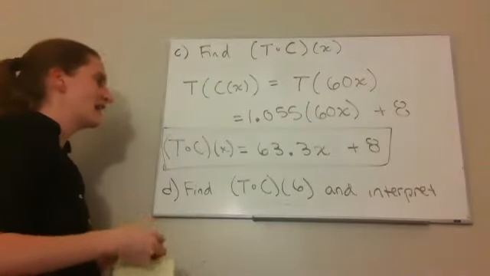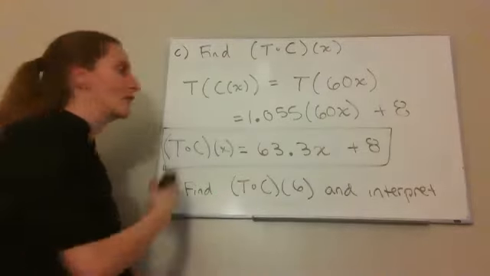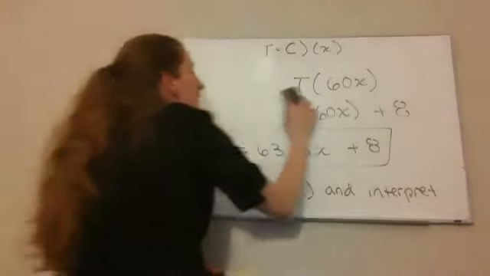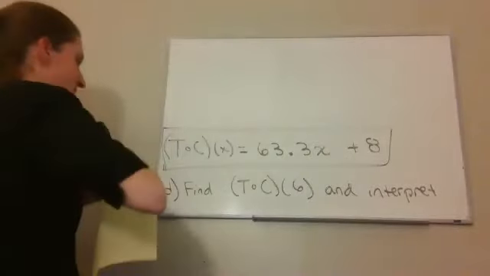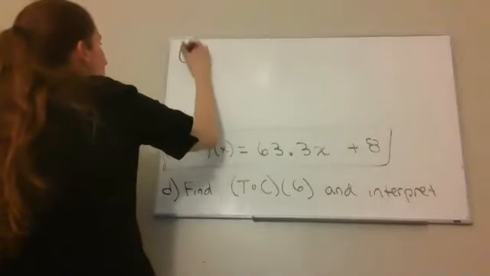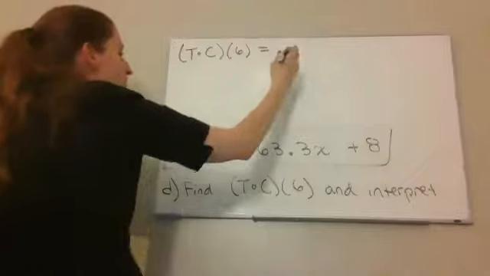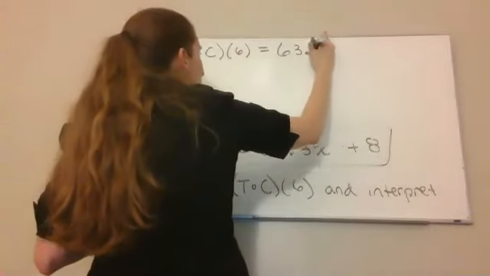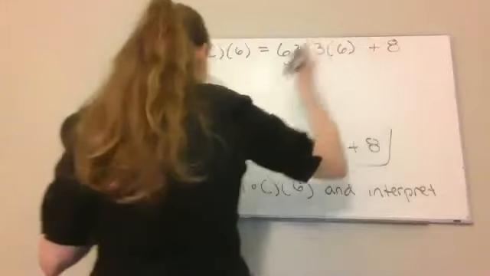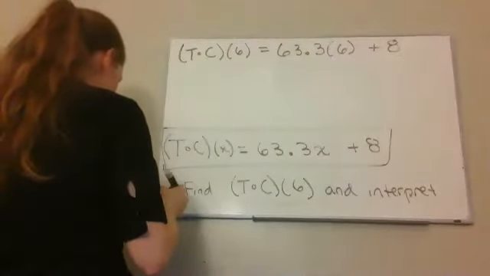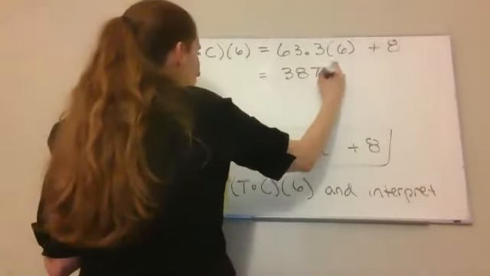So to find T of C of 6, I just have to plug 6 into the function I just found in part C. So we get T of C of 6 is equal to 63.3 times 6 plus 8, which when I multiply all of that out, you're going to get 387.8.